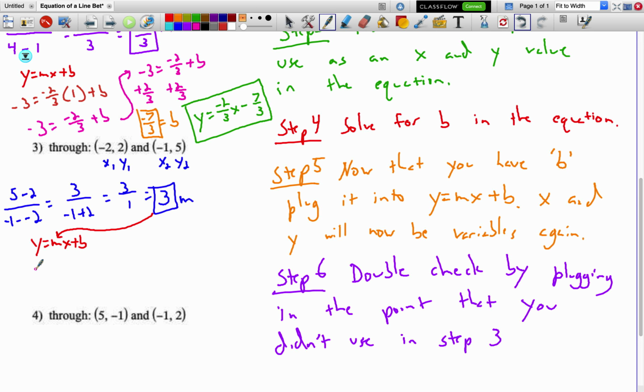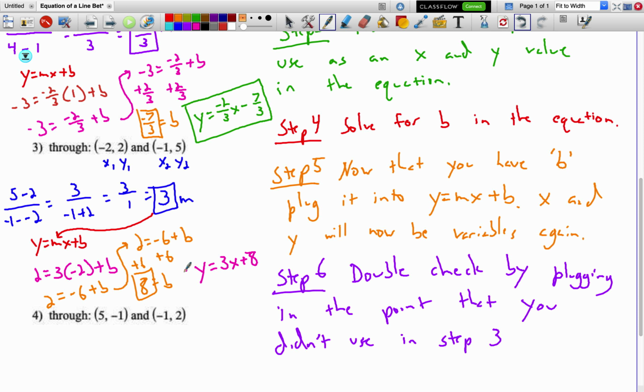So positive 2 equals 3 times negative 2 plus b. 2 equals negative 6 plus b. Add 6 to both sides, and we get 8 equals b. And now we'll put that together into y equals mx plus b to get y equals 3x plus 8.